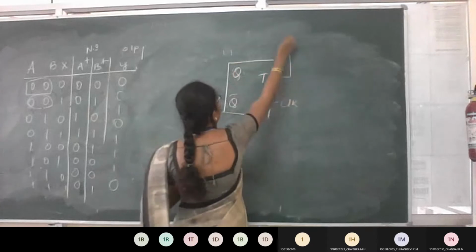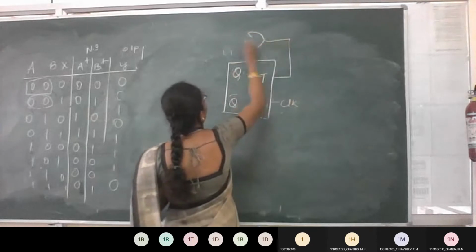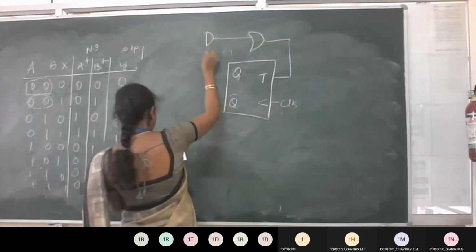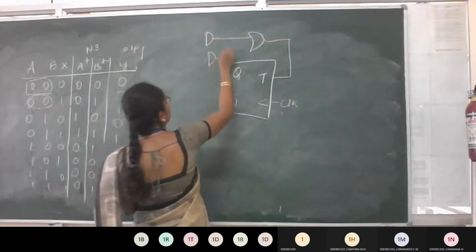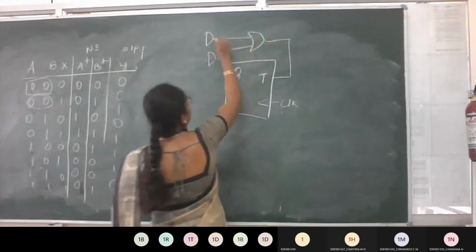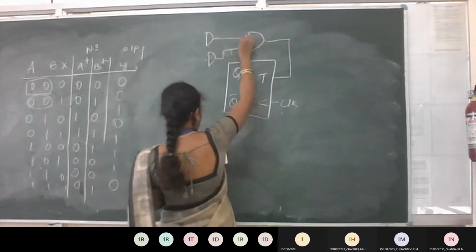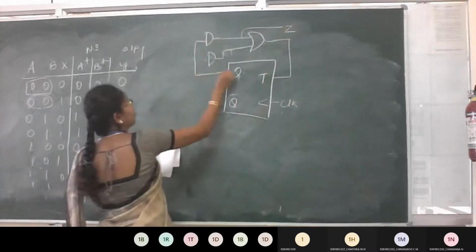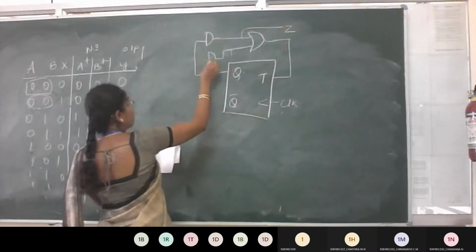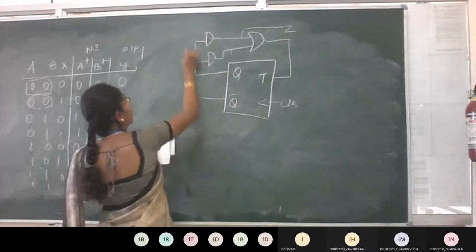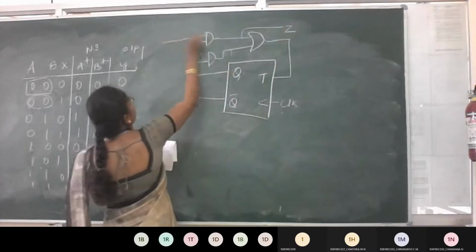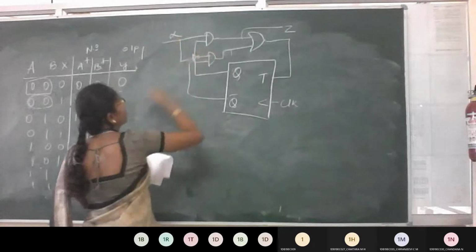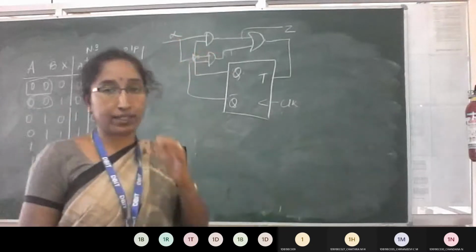So T, they have given with an OR gate, NAND gate, AND gate, and output Z, Q, Q bar, and here they have given alpha. You can take any variable. Sometimes they'll give you alpha or sometimes they'll give you X.